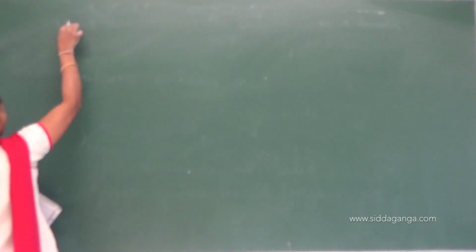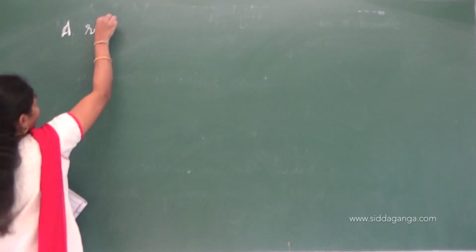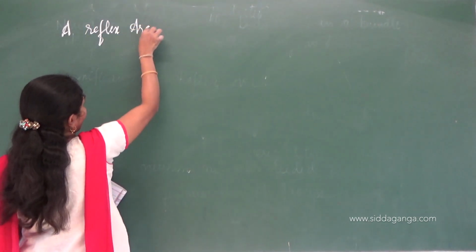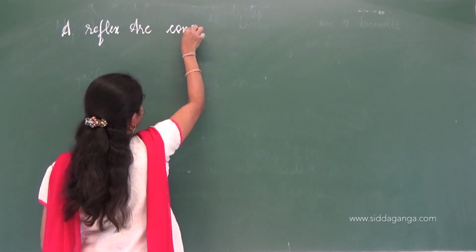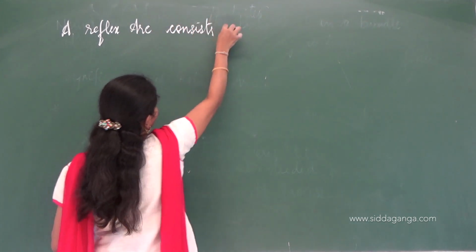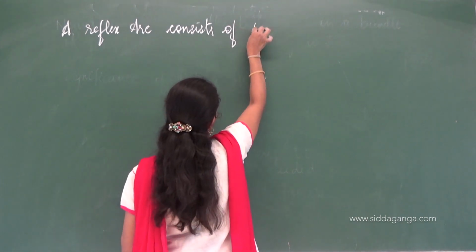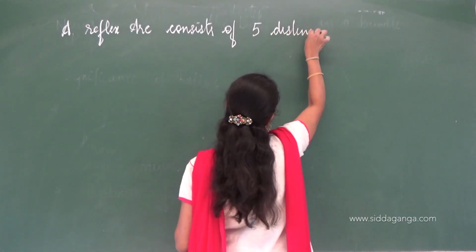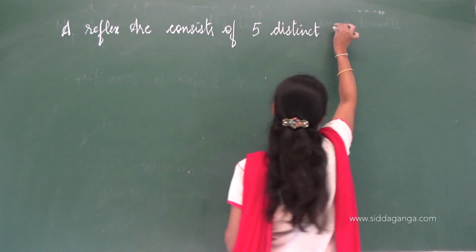A reflex arc consists of 5 distinct parts.